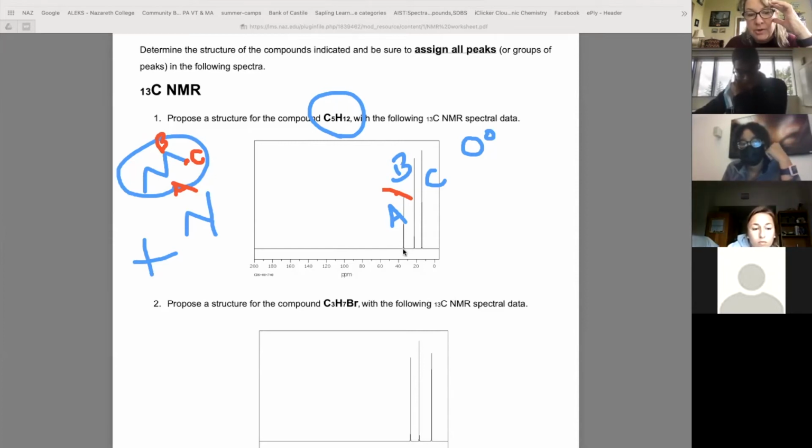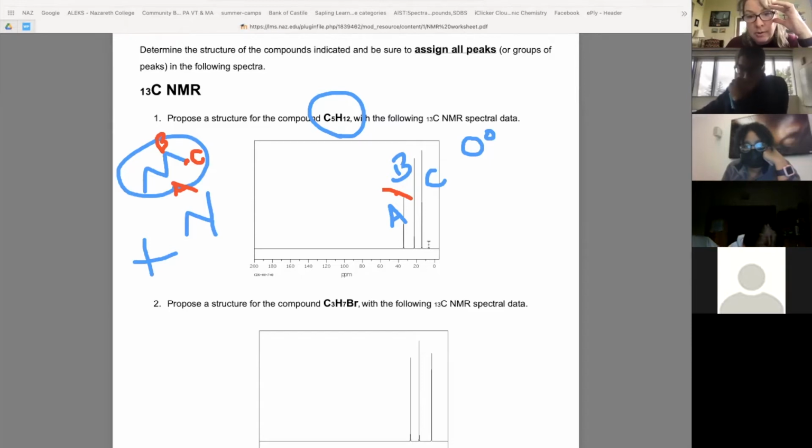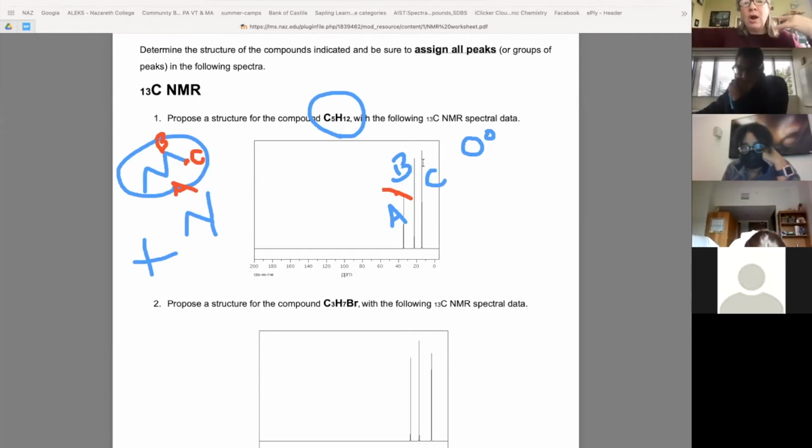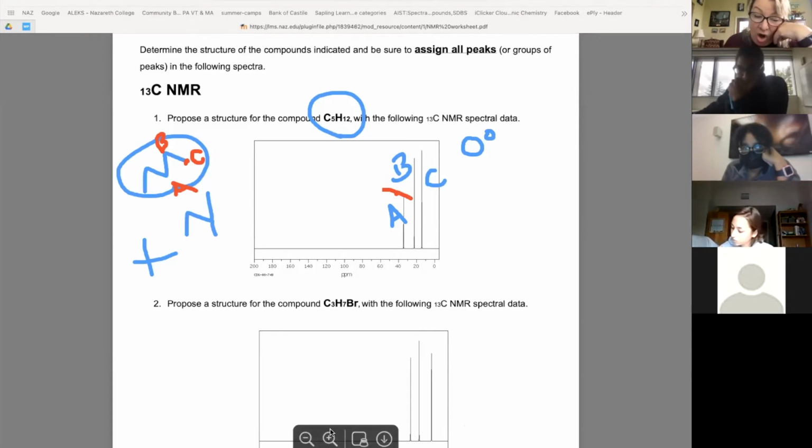With carbon NMR, you just look at the number of different signals. So there's literally 3 different types of carbon. And 2 of them have more carbons than the 1. And that's all I can really tell you that I get out of carbon NMR.